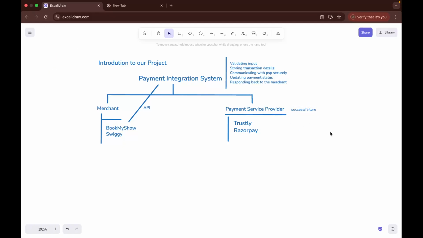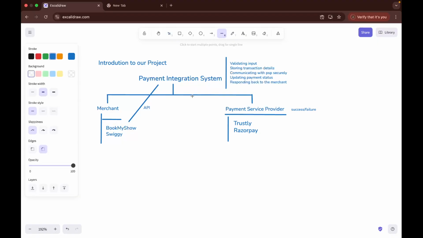Our Trustly provider receives that response, updates the database and the status, and forwards it back to the merchant application. So this is the basic flow of how the components communicate with each other.